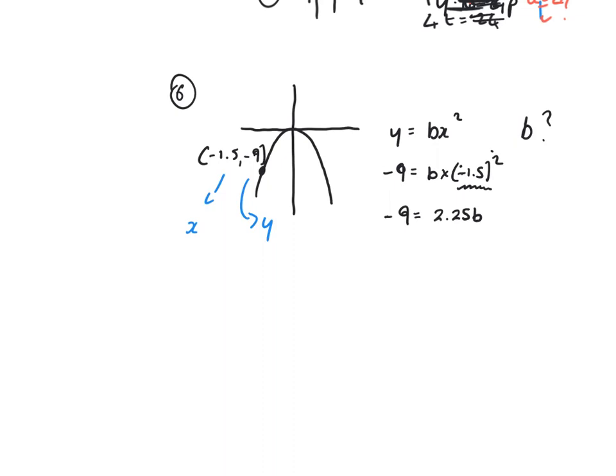I'm now going to bring the 2.25 down and divide, and that will be b equals minus 9 over 2.25. How many times is 2.25 into 9? If you take your time, that's 4, so into minus 9 would be minus 4. Final answer.